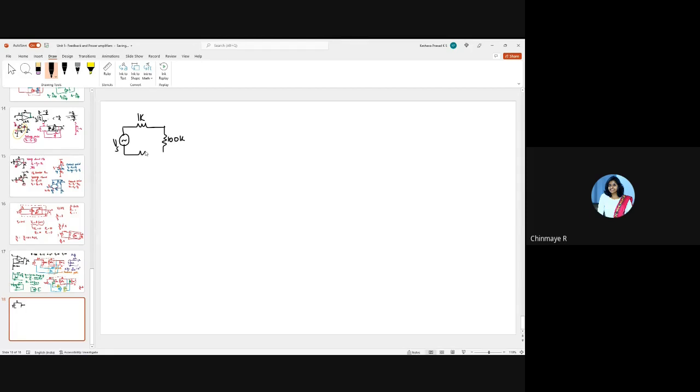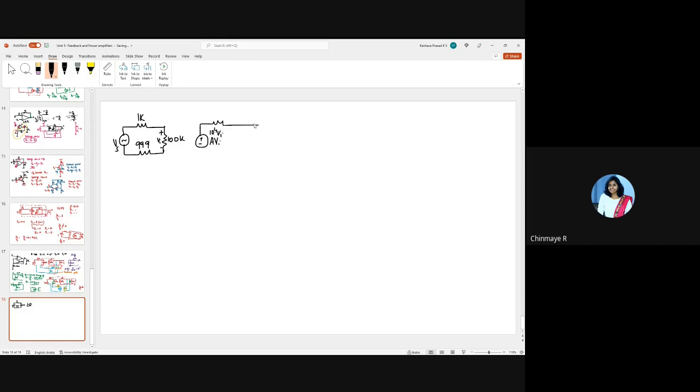And then you have Rx here, which is, I think, 999 ohms, 1K in parallel with 1 mega approximately. And then you have here A times Vi, where this is Vi. So that's 10 power 4 times Vi.